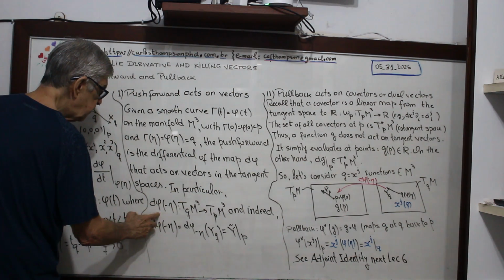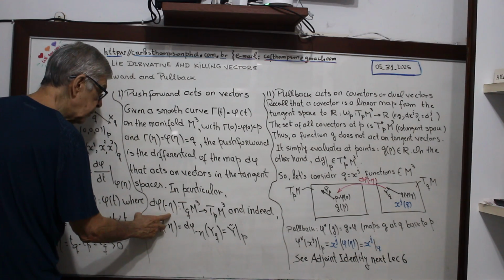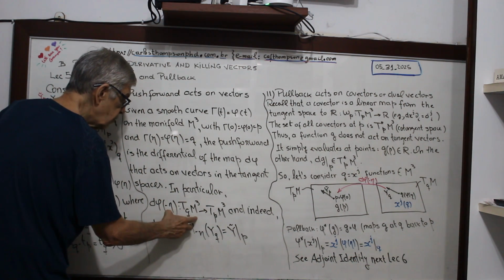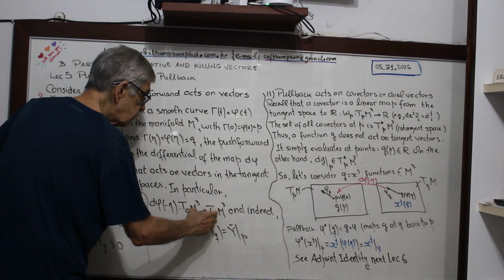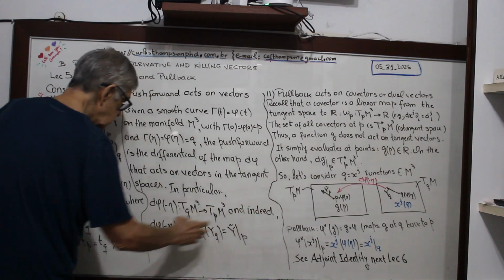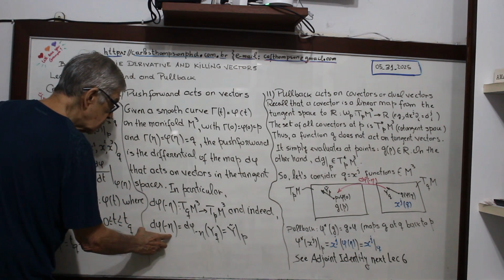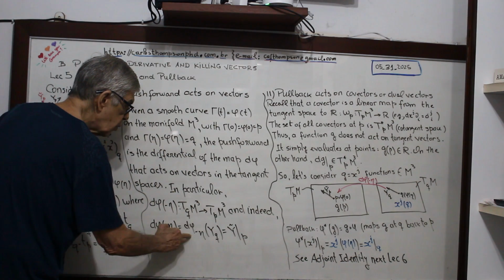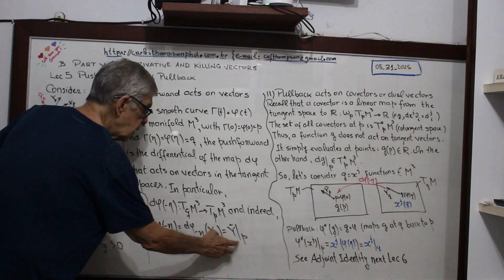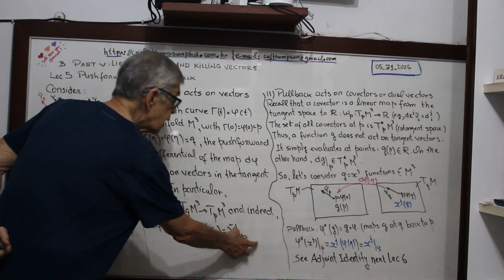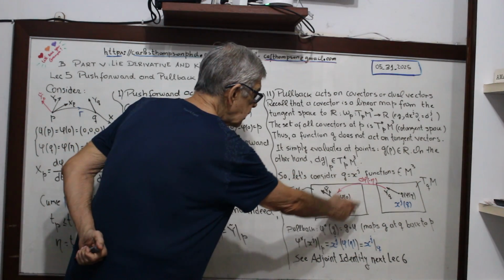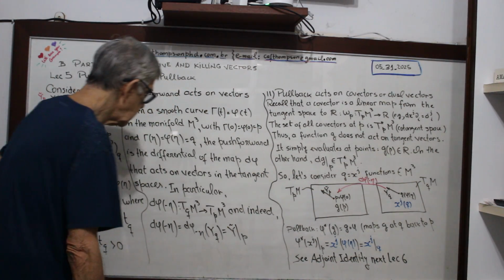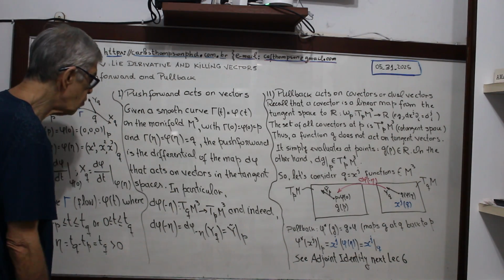In particular, d phi applied at minus eta is a point Q. That maps a vector in the tangent vector space at Q to the tangent vector space at P. Indeed, this acts on YQ and leads to Y tilde at P. So this is a push forward.